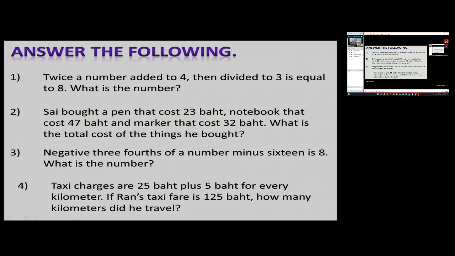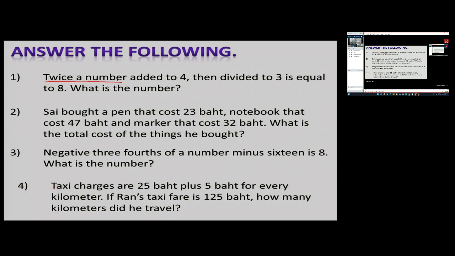Exchange notebooks, please. Now let us have this one. Okay, you exchange. Now, let us have this one.